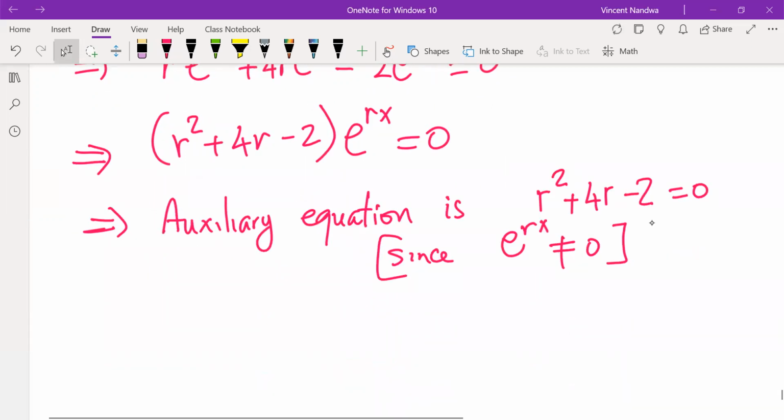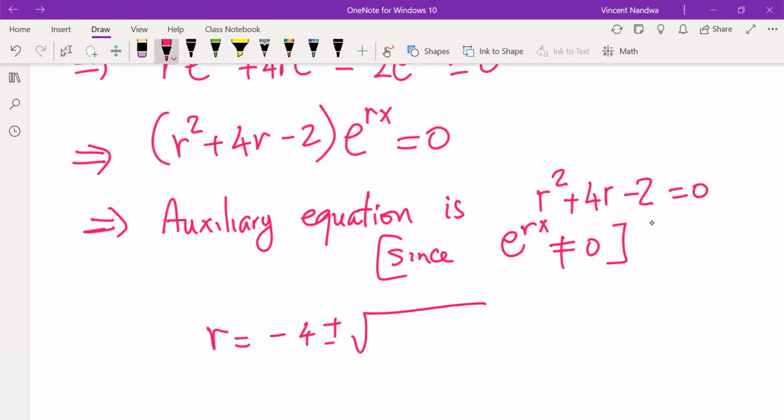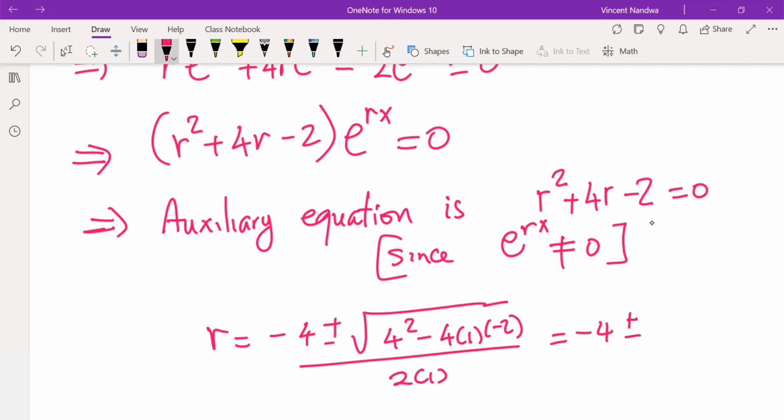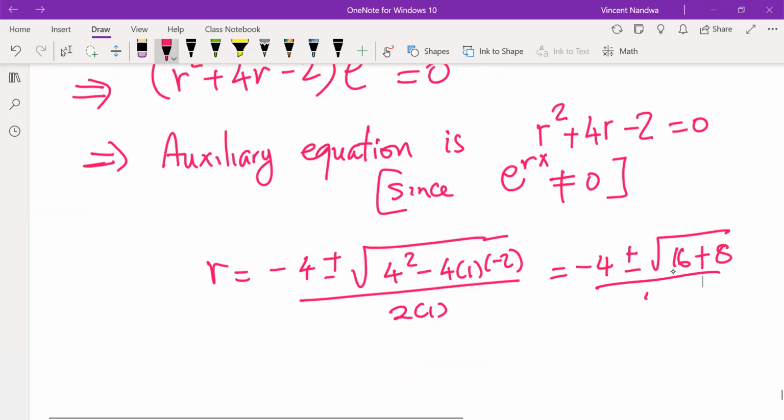Now, using the quadratic formula, r will be minus 4 plus or minus square root of 4 squared minus 4 times 1 times minus 2, divided by 2 times 1, which is minus 4 plus or minus, 4 squared is 16 plus 8, divided by 2. 16 plus 8 is 24, and 24 is the same as 4 times 6.